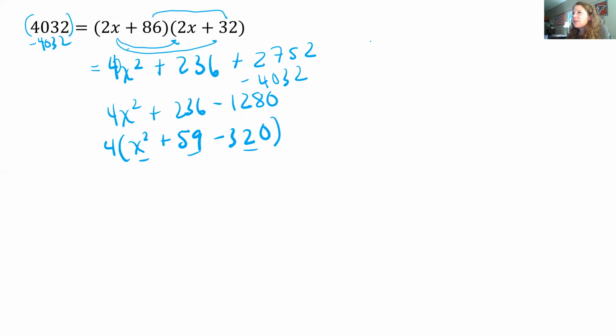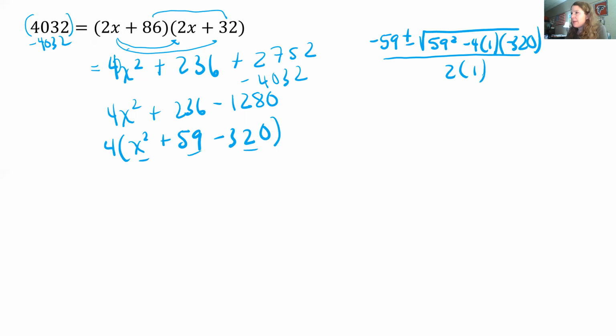So the opposite of 59, plus and minus the square root of 59 squared minus 4 times a times negative 320, all divided by 2a. In my calculator, I want to know what is 59 squared minus 4 times 1 times negative 320, and I get 4,761.